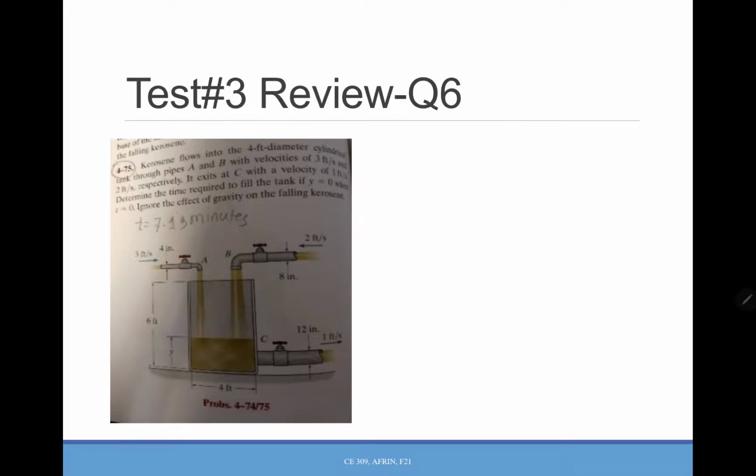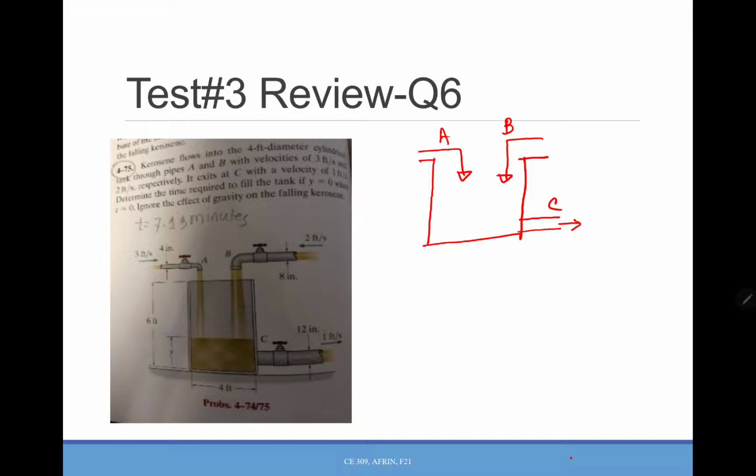So they are asking you to find what is the time required to fill this tank. Okay, so to do that we need to know what amount of kerosene is actually remaining here at every second or every minute or something like that.